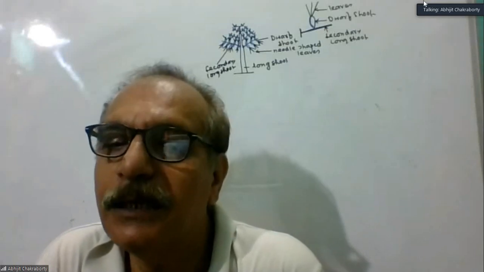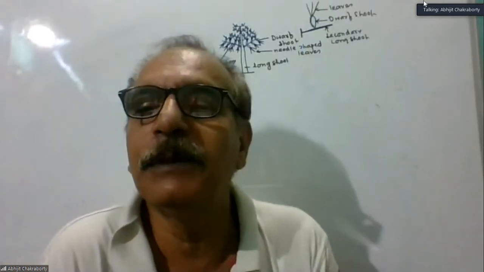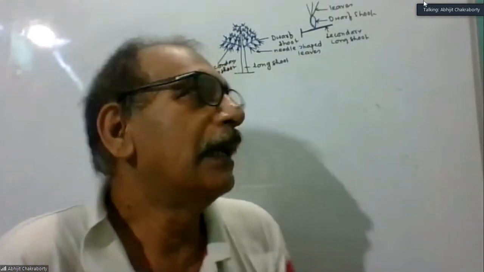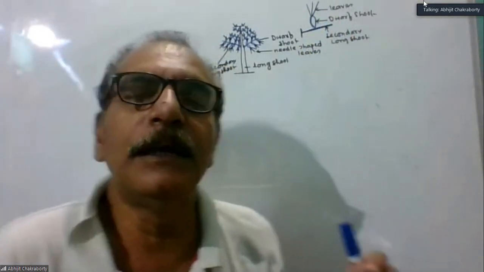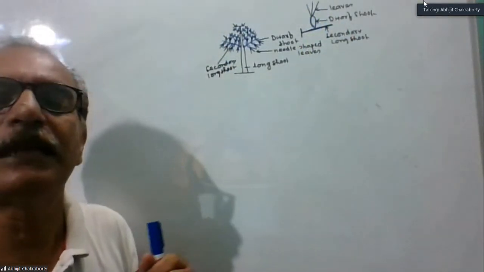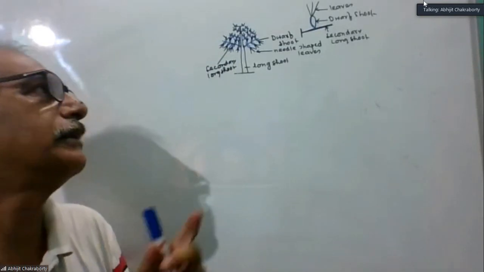They have to check the rate of transpiration. And for that, the surface area of the leaf is required to be decreased, and hence the leaves are needle-shaped. In a needle-shaped leaf, obviously the surface area is much less, so the rate of transpiration will be less.